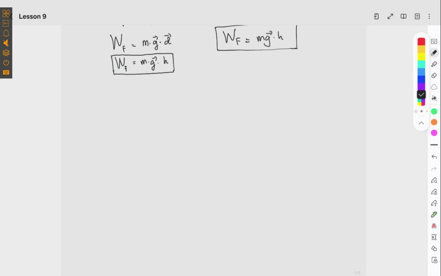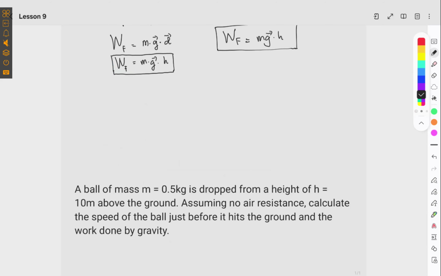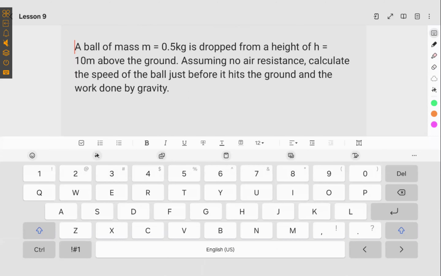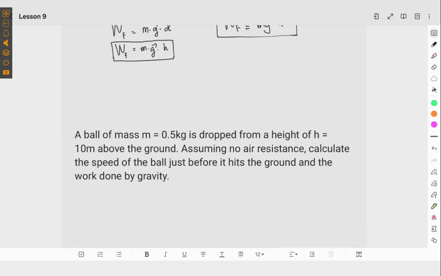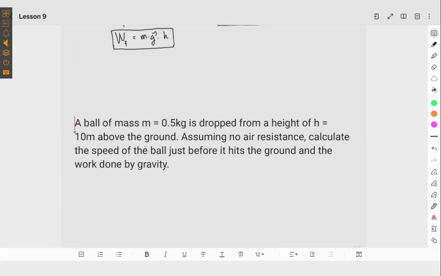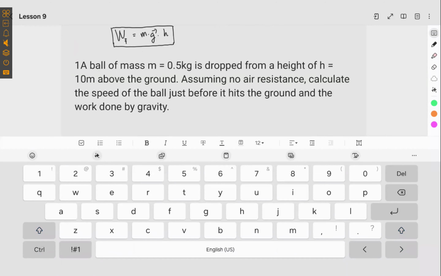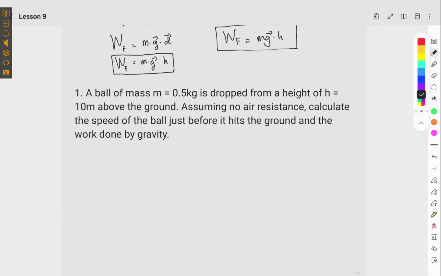All right, so let's suppose we have this. A ball of mass m equals 0.5 kilogram is dropped from a height of 10 meter above the ground.